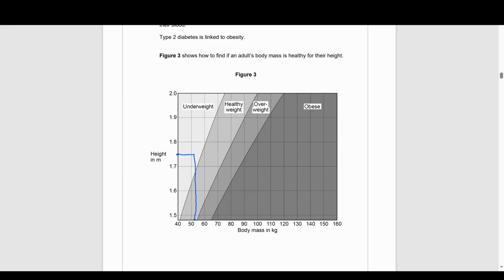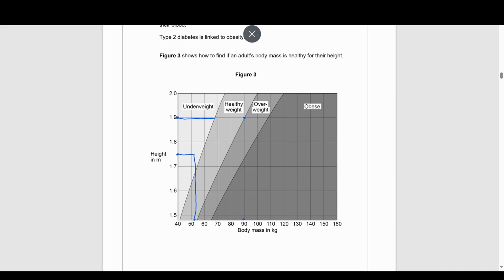So healthy weight starts there, and then it ends there. So remember, we need the masses now. So going down on this line, that's going to be 90 kilograms.